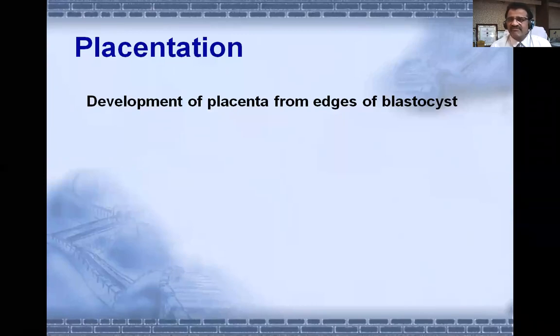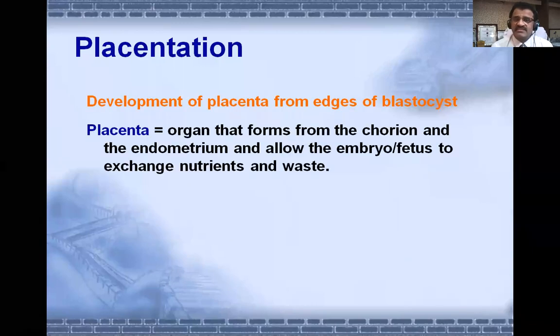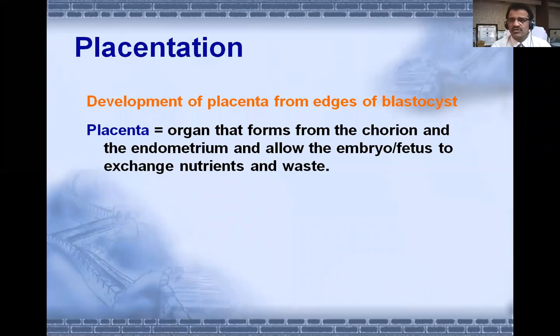So development of placenta from the stage of blastocyst, we'll see. What is this placenta? It is an organ that forms from chorion and the endometrium. Endometrium is decidua. Decidua means where implantation takes place on the endometrium, and it allows the embryo and fetus to exchange nutrients and waste. So O2, CO2, and food and nitrogenous waste products.